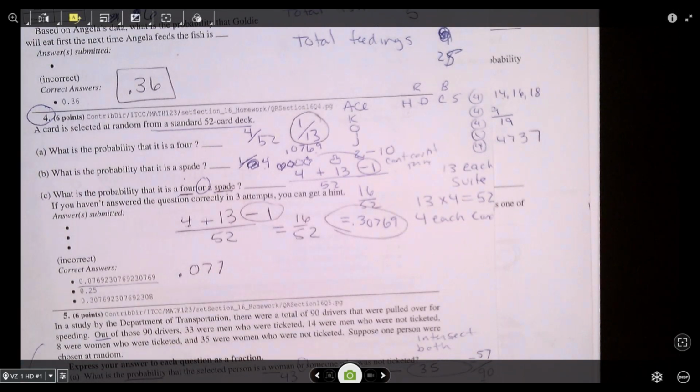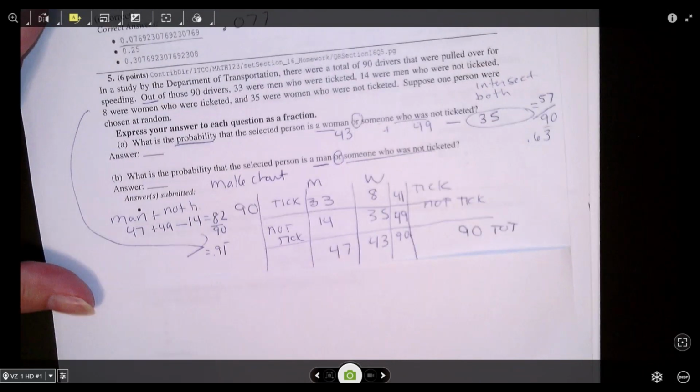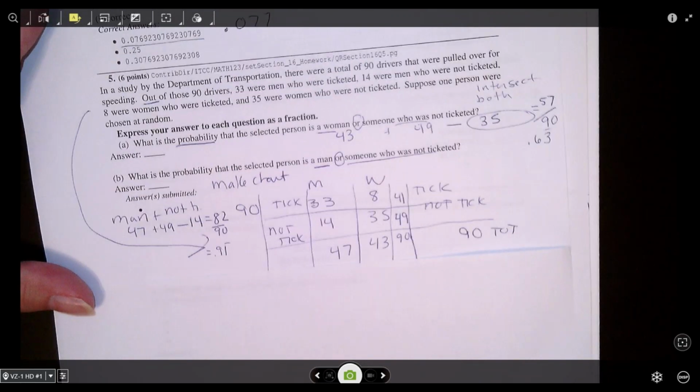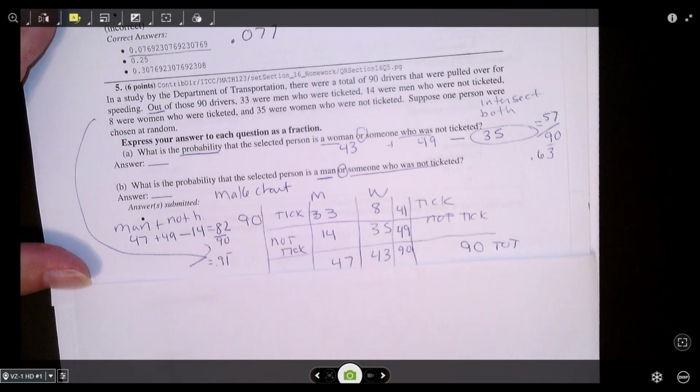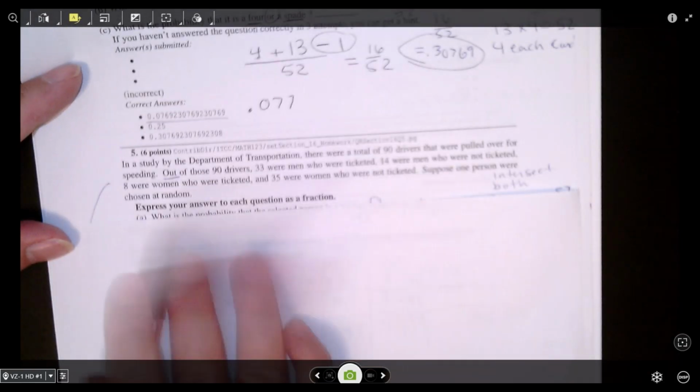Okay. Number 5. A lot of times it helps to make a table. You'll be making a lot of tables in these next sections to go through all this text. It says, in a study by the Department of Transportation, there was a total of 90 drivers that were pulled over for speeding.